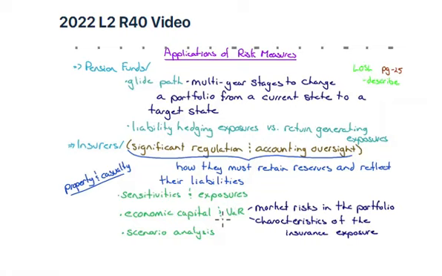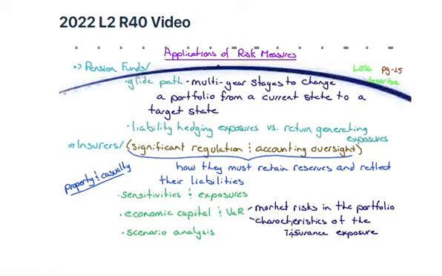For insurers, there are really two sides of this that you have to look at. The market risks in the portfolio, because you have money committed to certain assets. What risks do you have there? Also, the characteristics of the insurance exposure. And life insurers.